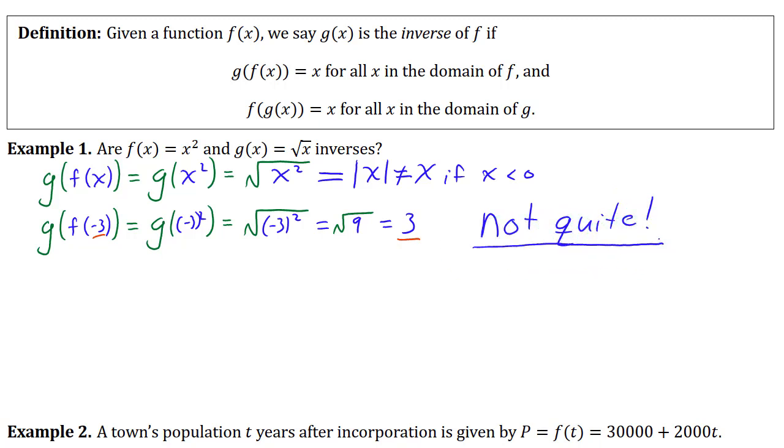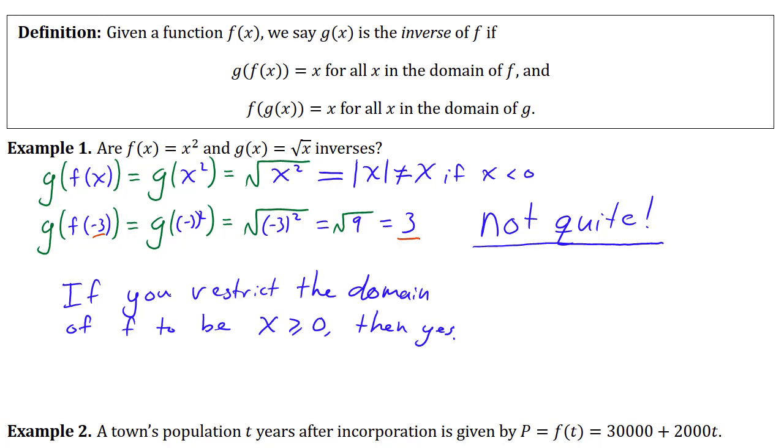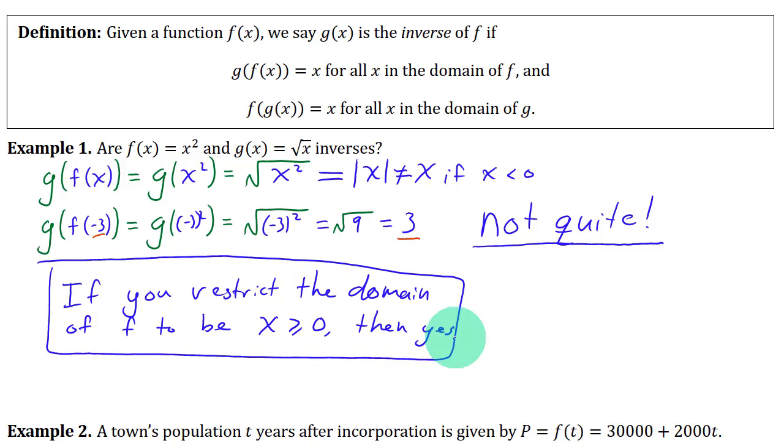But if you restrict the domain of f to only include positive numbers, in other words, if you make the domain of f of x just be positive numbers, then the answer would be yes. But as it is, the answer is not quite.